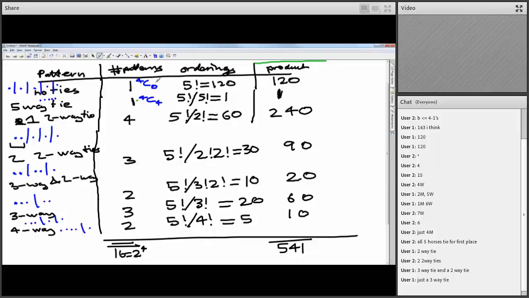So the 5-way tie corresponds to 4 choose 4. The 2-way tie is 4 choose 1. The 2 3s together is 4 choose 2. So 3 plus 3 is 6. In the last case, the two 2s together is 4 choose 3.